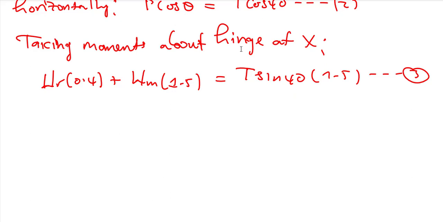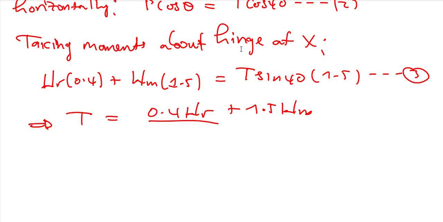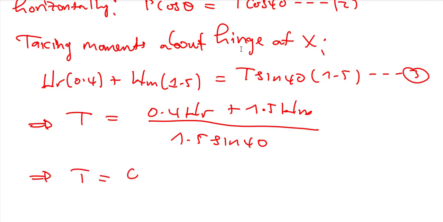Now from here we can calculate T clearly from equation 3. We see that many of the unknowns have been eliminated. So T will simply be equal to 0.4 WR plus 1.5 WM, all of this divided by 1.5 sine 40. So our tension will be equal to 0.4 times the weight of the rod.